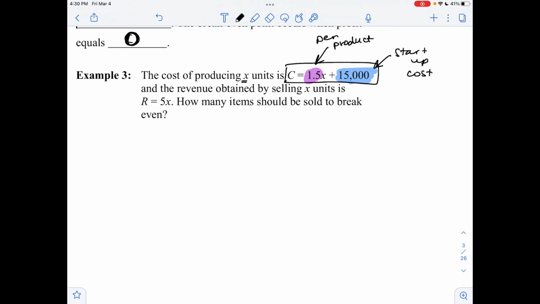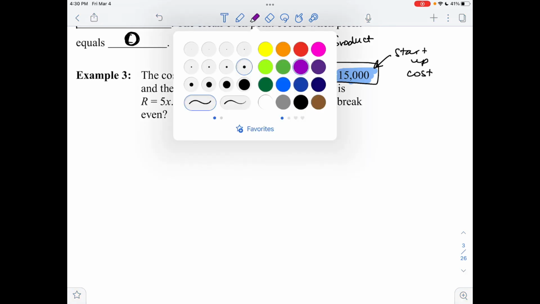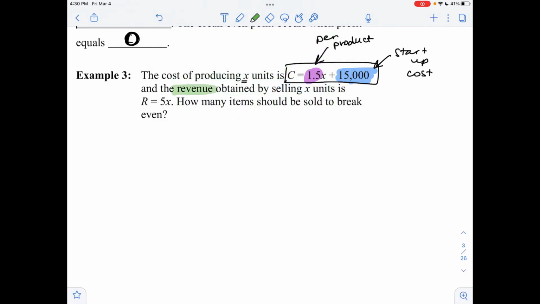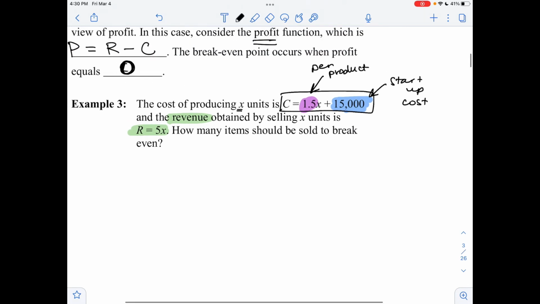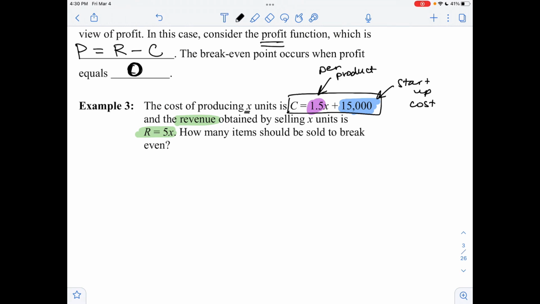And the revenue obtained by selling x units is R equals 5x. How many items should be sold to break even? So if we look up here, remember, to find our break-even point, I know the profit has to be 0. Well, I know profit equals the revenue minus the cost.